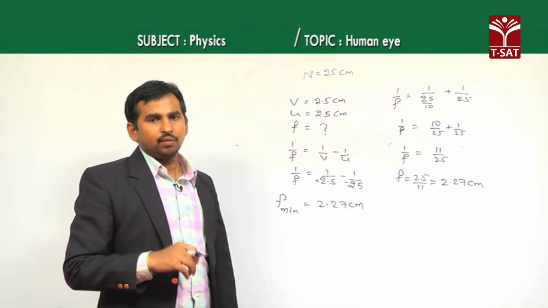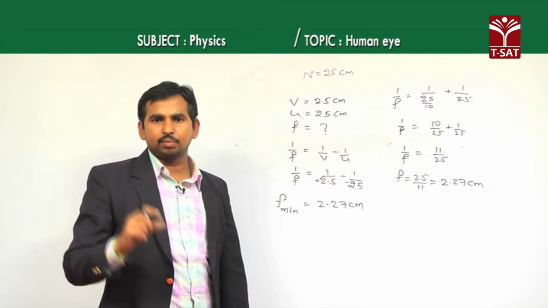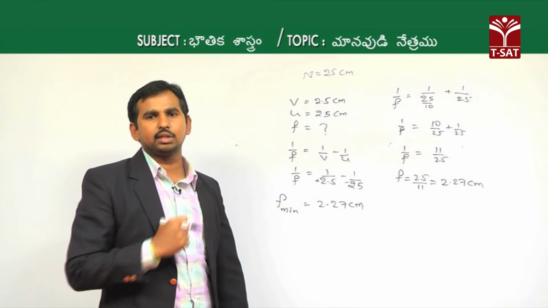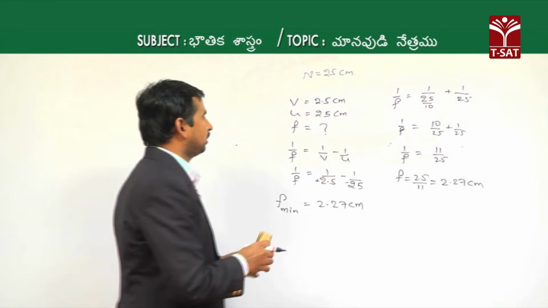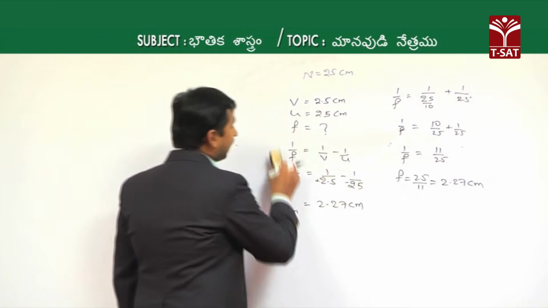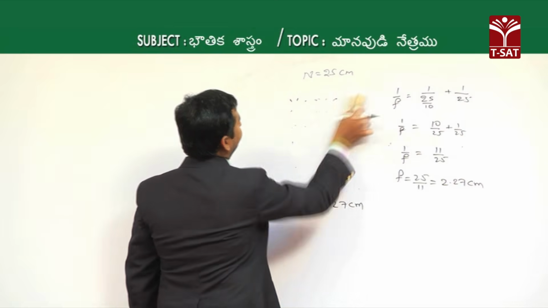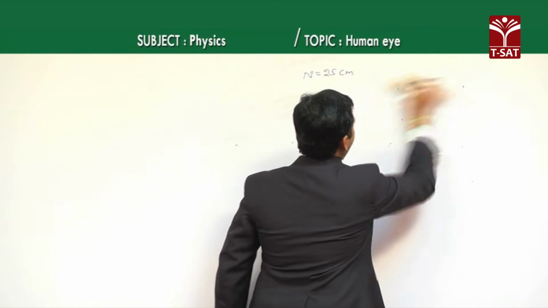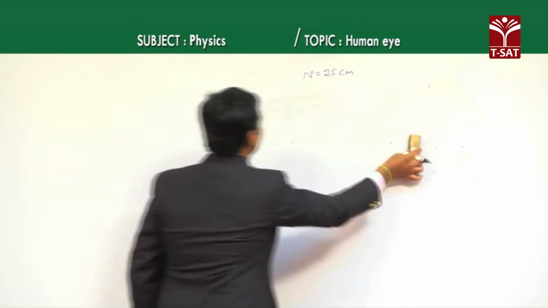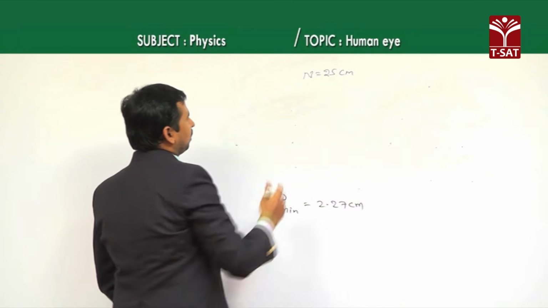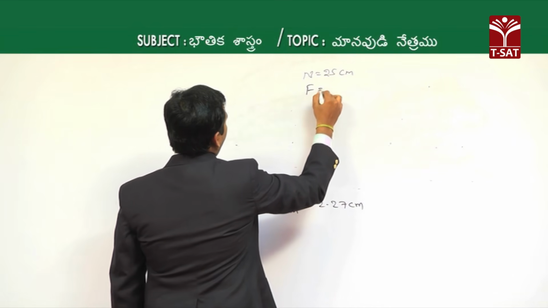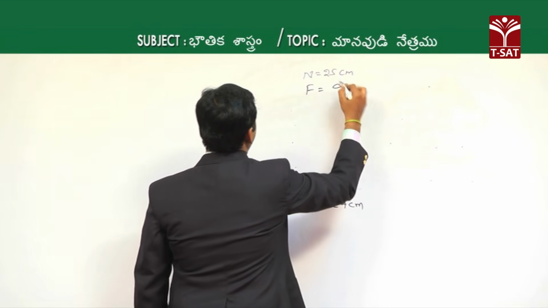Which means we can see the far distant objects by adjusting the focal length again by the ciliary muscles, that is nothing but our maximum focal length. So, if you want to find that maximum focal length, then we place the object at infinite distance. So, now I am taking the far distance here, which is the far point, and we are taking that as infinite.